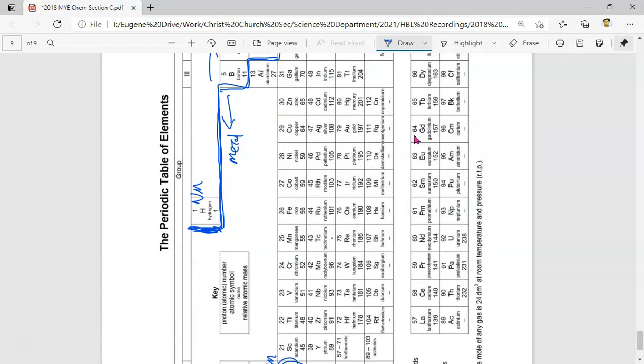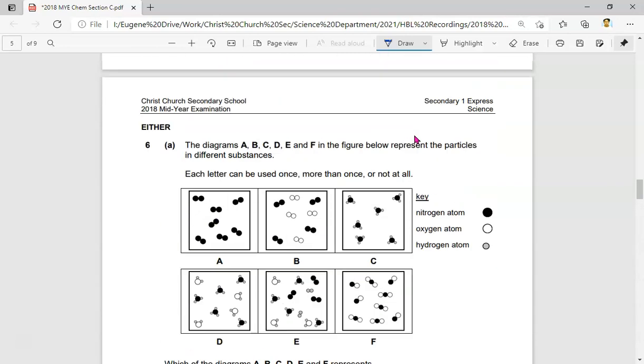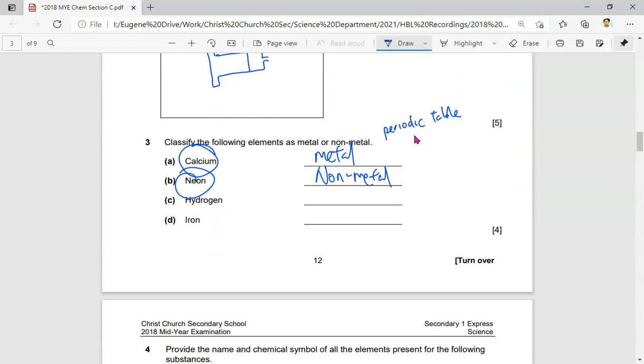Iron is a little bit more difficult to find, but it's over here. So iron, because it's on the left-hand side of the staircase line, is a metal. So hydrogen is considered a non-metal, iron is considered metal. So how do you know whether metal or non-metal? You need to refer to your periodic table, and you need to remember the staircase line.